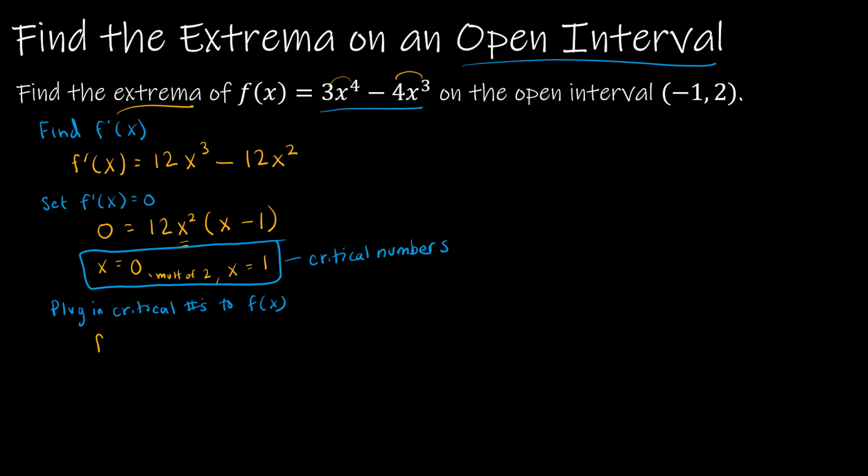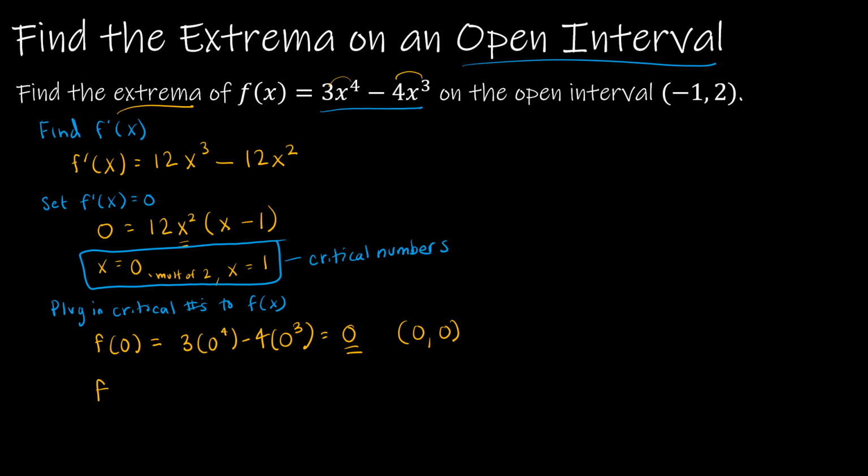So I'm going to find f of 0. F of 0 is 3 times 0 to the fourth minus 4 times 0 to the third, which of course is 0, which means the point is 0, 0, but the value that I'm interested in is 0.